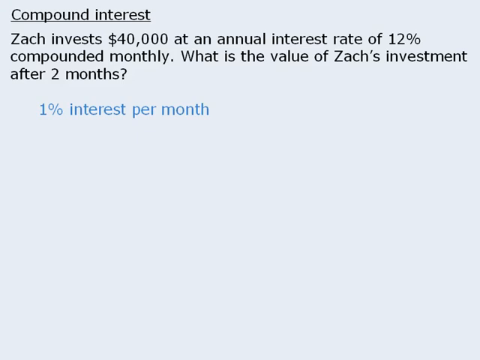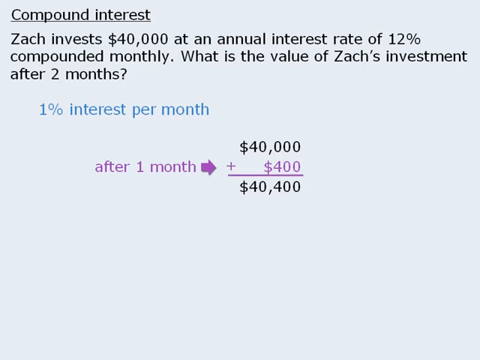Okay, now let's take Zach's $40,000 investment and calculate the interest after 1 month. Well, if the monthly interest rate is 1%, then the interest will be 1% of $40,000, which is $400. So after 1 month, Zach's investment is worth a total of $40,400 since the interest is added to the initial investment after every compounding.